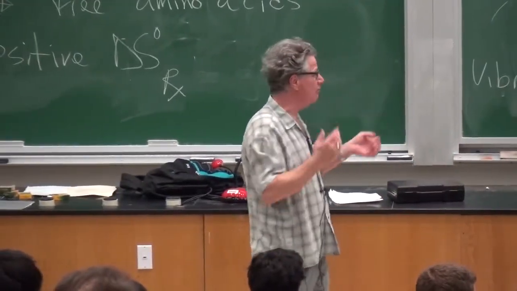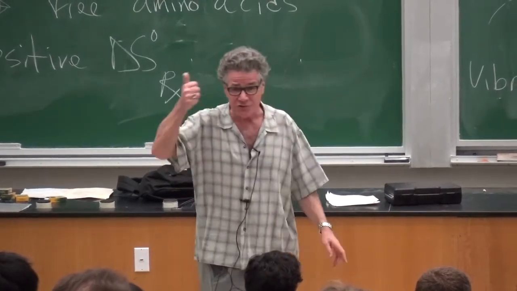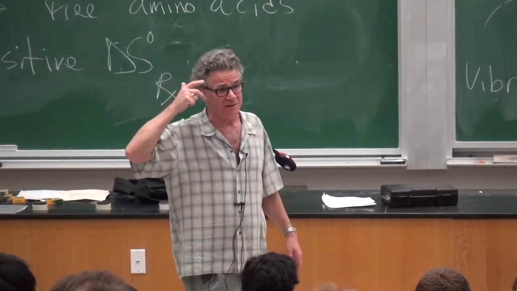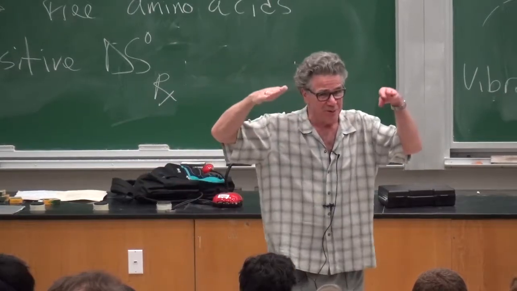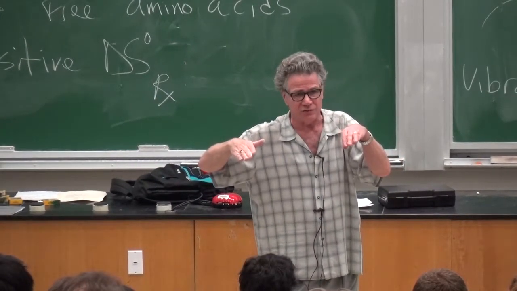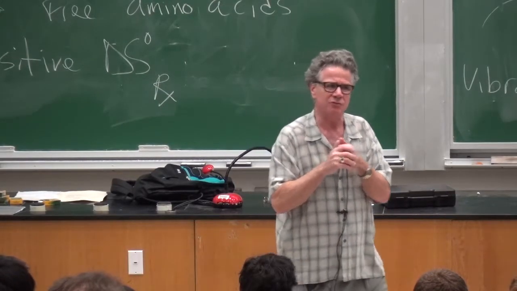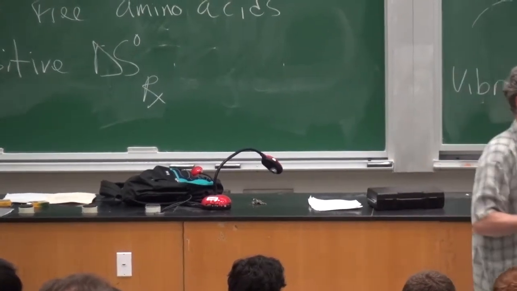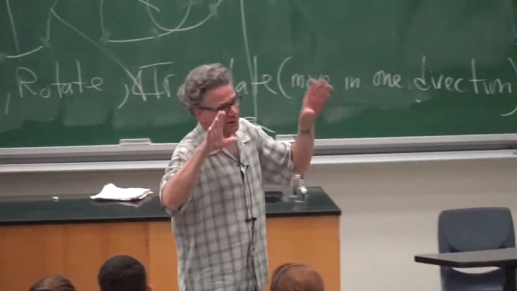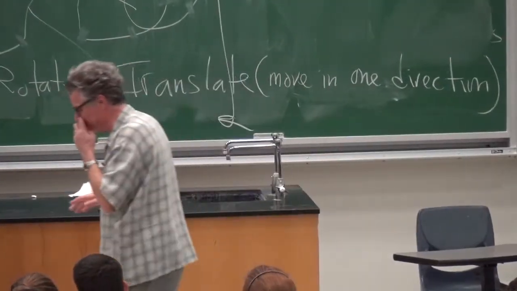I keep running into my neighbors. So yes, I can translate, yes, I can rotate, and yes, I can vibrate. But pretty much all of those, especially translation, at a lower level than in the gas phase. So it's a gas phase entropy winner. Liquid, intermediate. Now let's consider the solid.